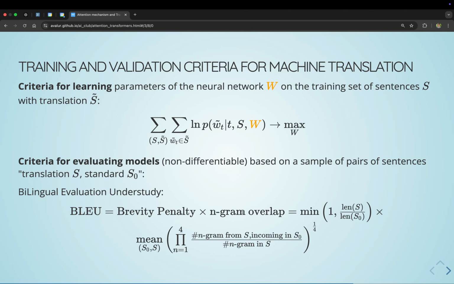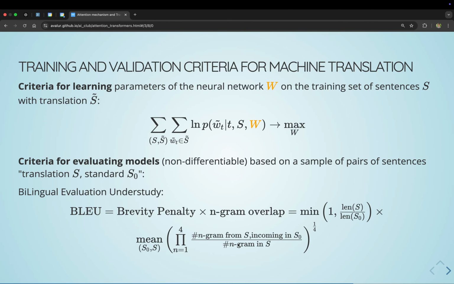The formula is not so hard. There are two terms: brevity penalty and n-gram overlap. The brevity penalty concerns the length of the result; the translation S and the reference translation S0 should be of the same length. The first term is the fraction with the length of the reference sentence and the result of the model.